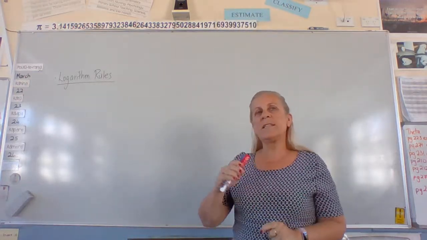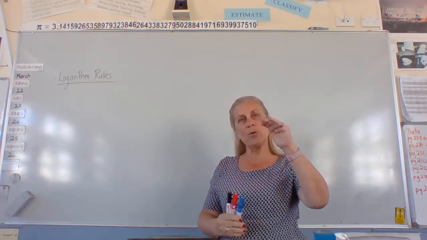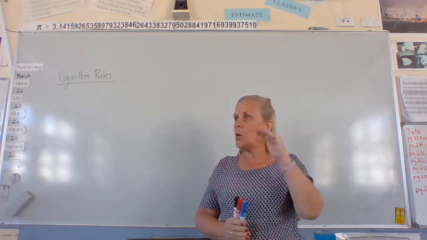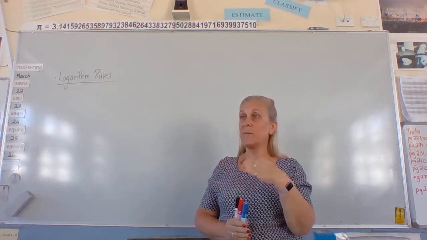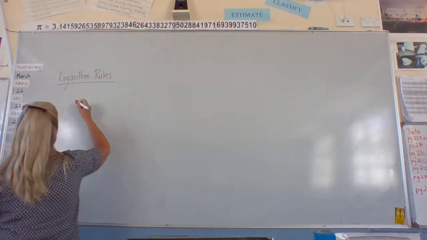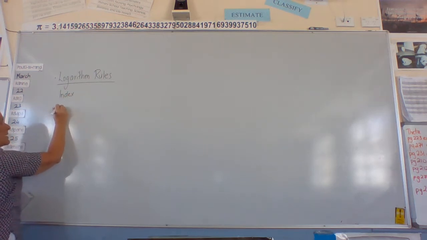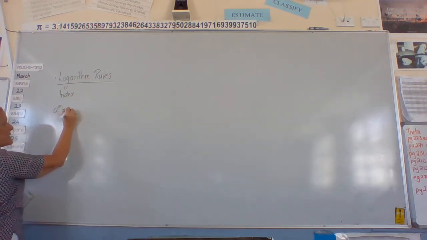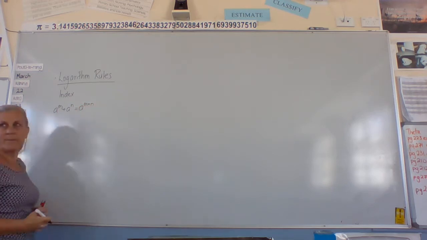So the reason we did indices first was so that you could see all those rules for indices. All those rules that we had for indices pretty much have a similar one for logarithms. So we had an index rule that said a to the m times a to the n equals a to the m plus n, right?